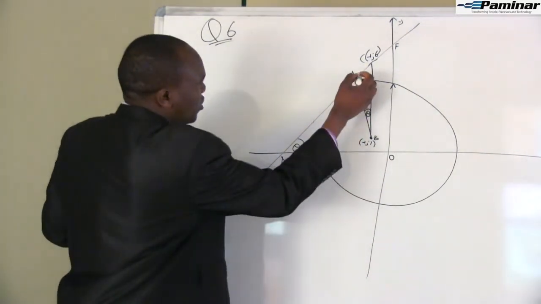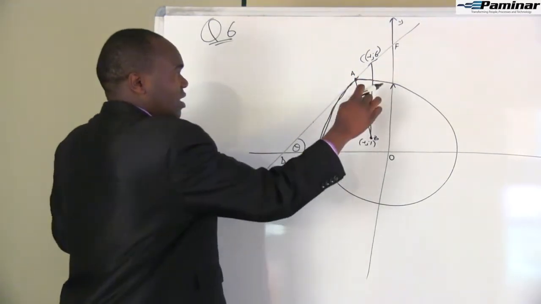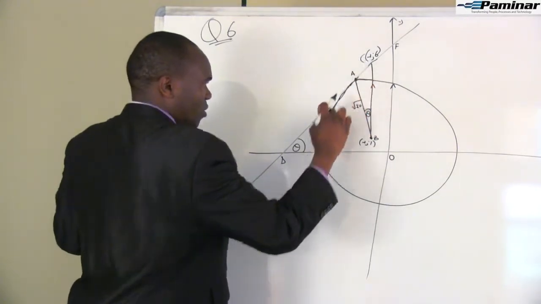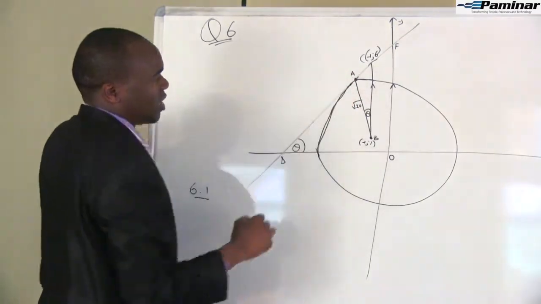So that the tangent to this circle passes through this point, alright? The tangent to this circle passes through A and also C. This is how it should be.